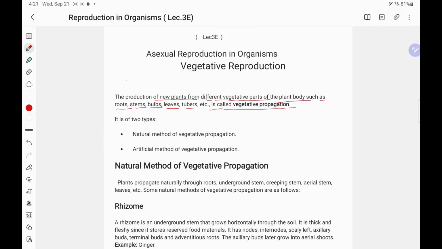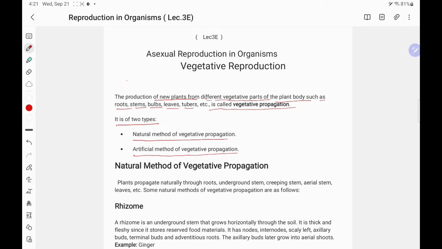It is of two types: natural method of vegetative propagation and artificial method of vegetative propagation. It has vast importance for human beings.